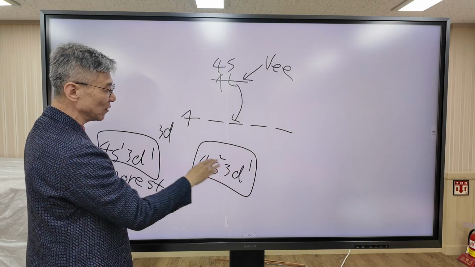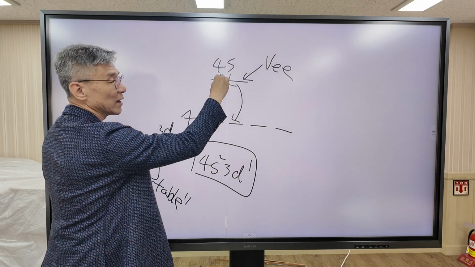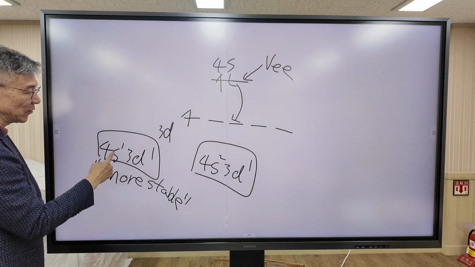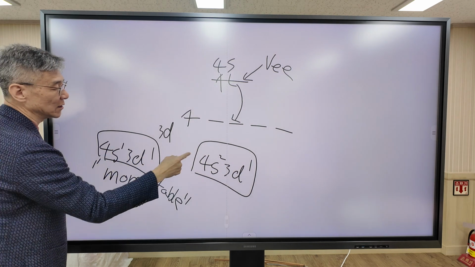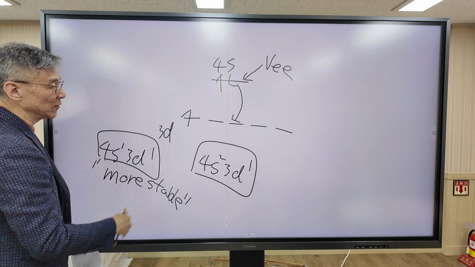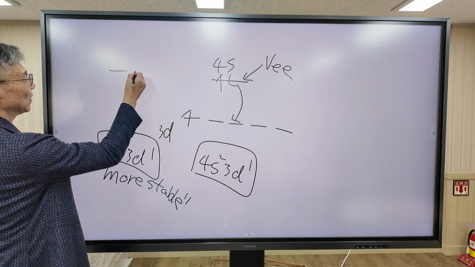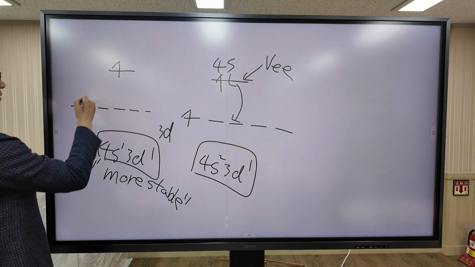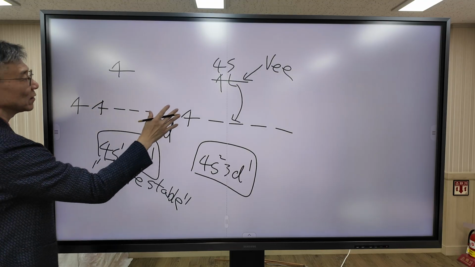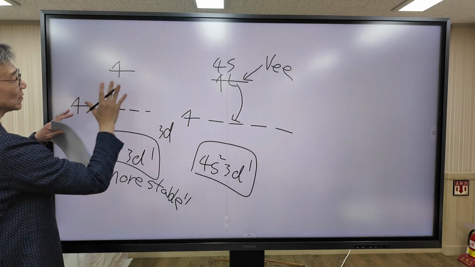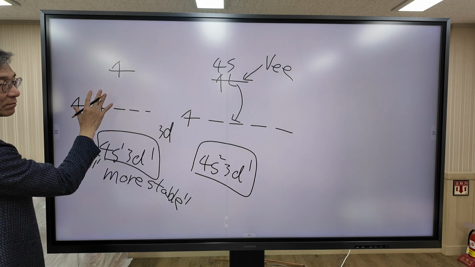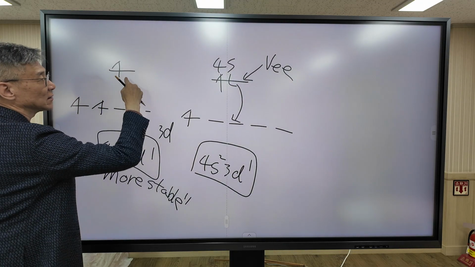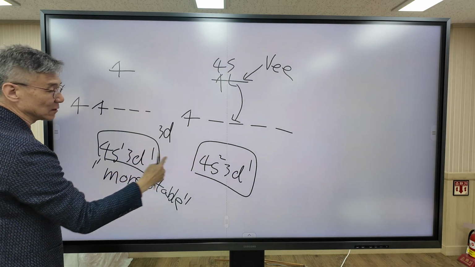So when the electronic configuration changes, the orbital energy changes. If we claim that this configuration is more stable, you must assume that even if the configuration changes, the orbital energy does not change. Then when you compare this total energy with that total energy, this is more stable. But the key assumption is that the orbital energy does not change.